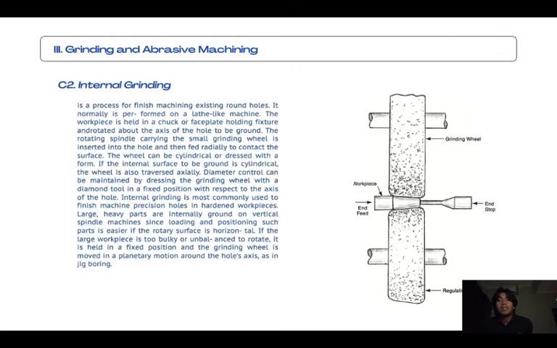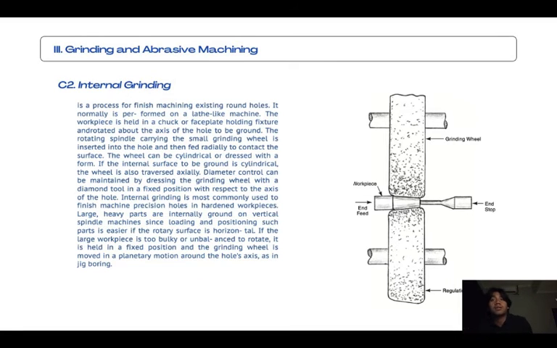Okay, next from grinding and abrasive machining is internal grinding. It's a process to finish machining existing round holes. It normally is performed on a lathe-like machine.